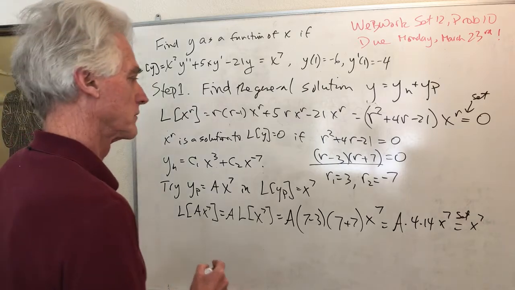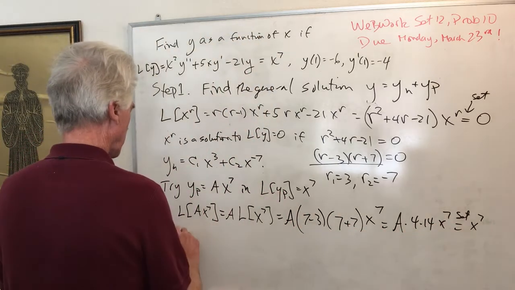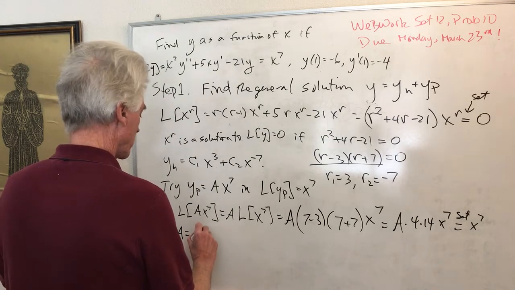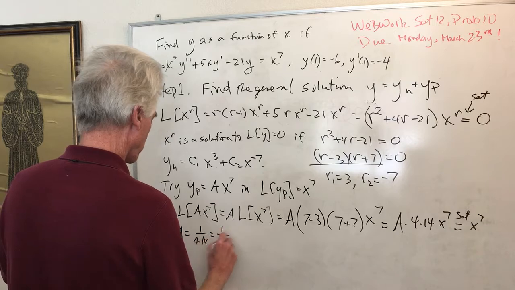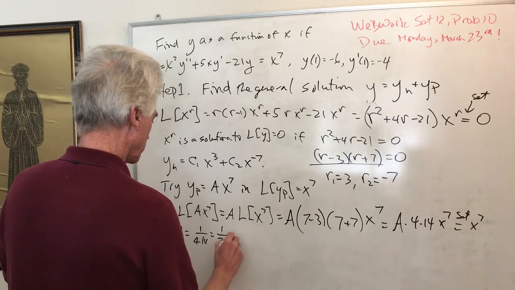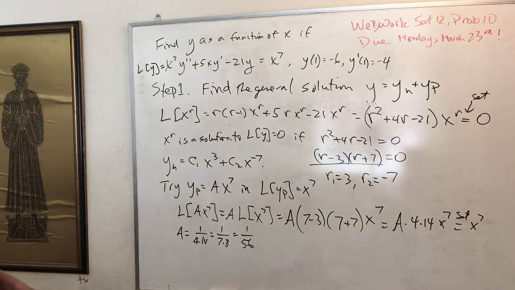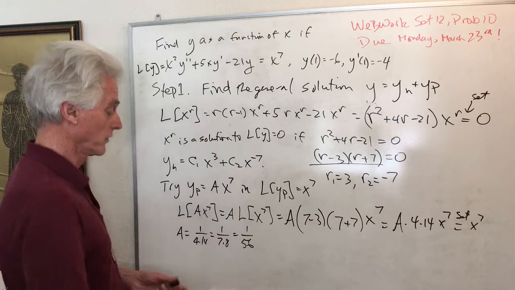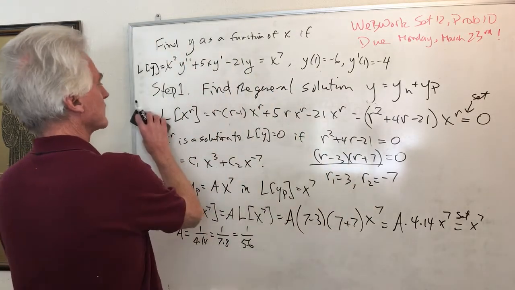Right? Cool. So that's pretty easy. We get a is 1 over 4 times 14, or 1 over 7 times 8, which is 56. Right? All right. So we're basically done with this step 1.